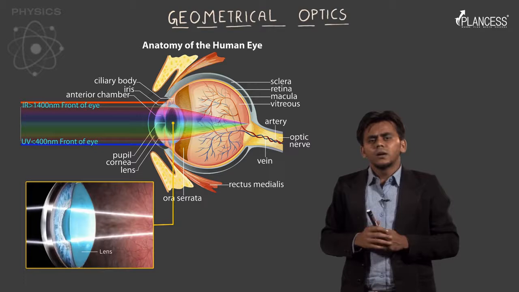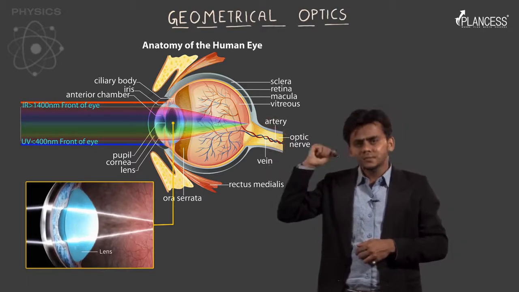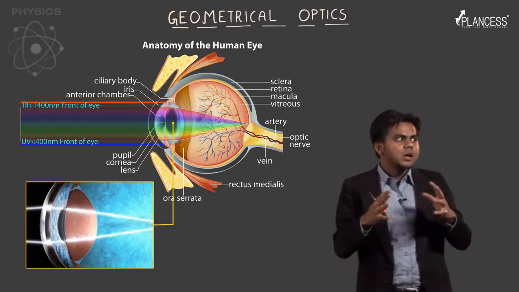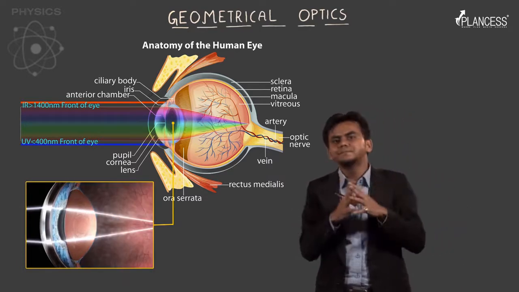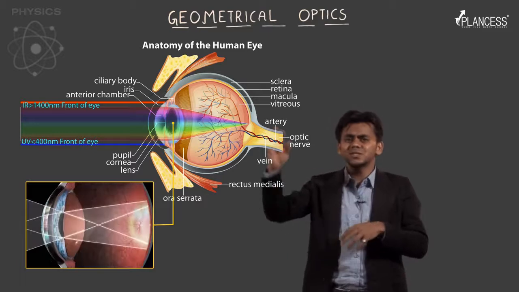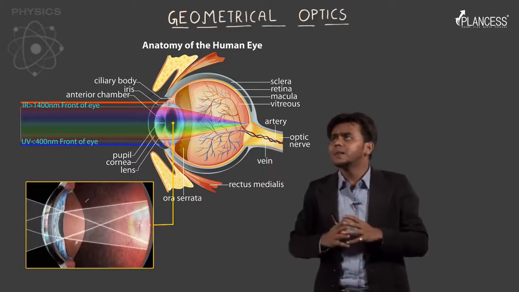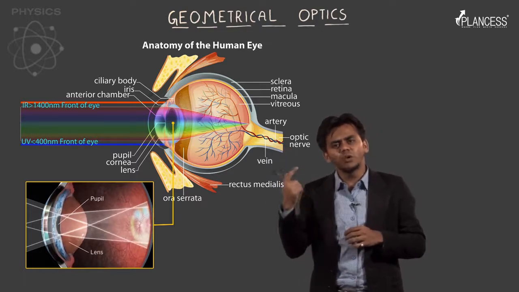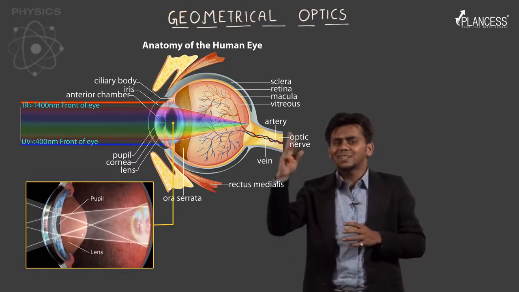Now, the crystalline lens is attached with ciliary muscles, and those muscles control the curvature of my crystalline lens. So I can change the focal length of that crystalline lens.